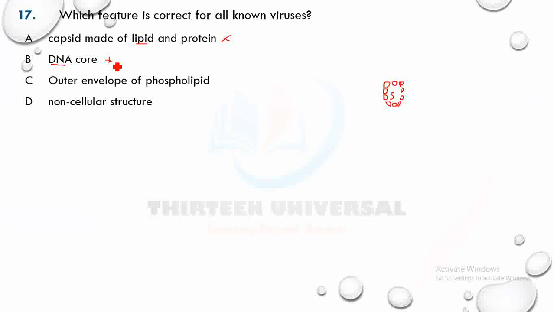So outer envelope of phospholipid, not all of them have an outer envelope of phospholipid, but all of them are non-cellular. They have non-cellular structure. Non-cellular structure means they do not have organelles. All viruses lack organelles. They lack cellular structure. So that's why the answer is D.